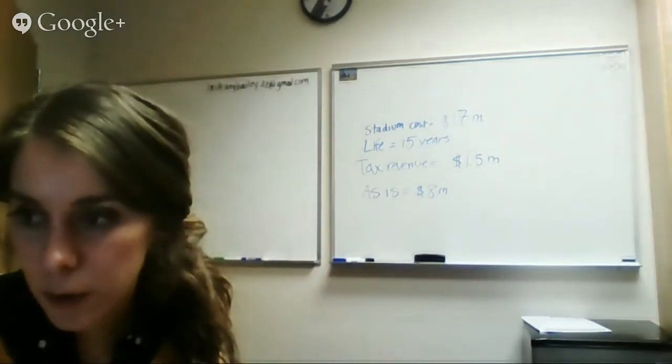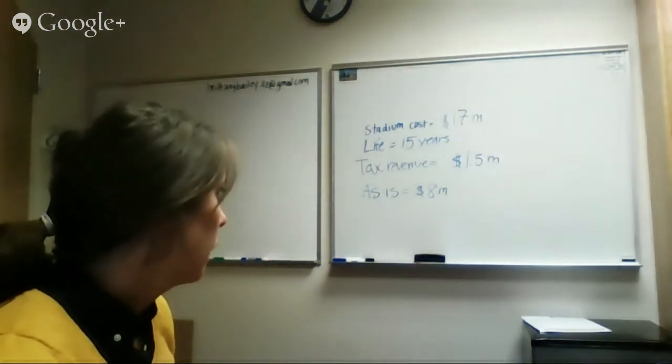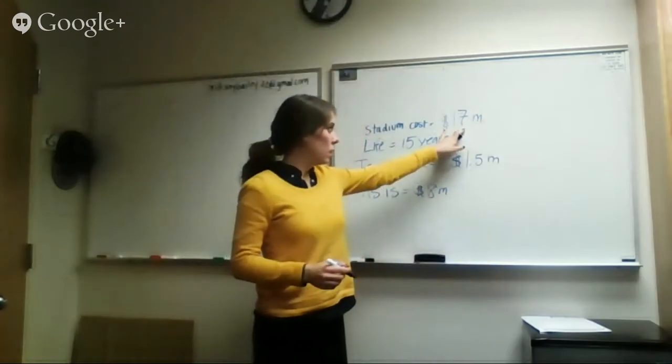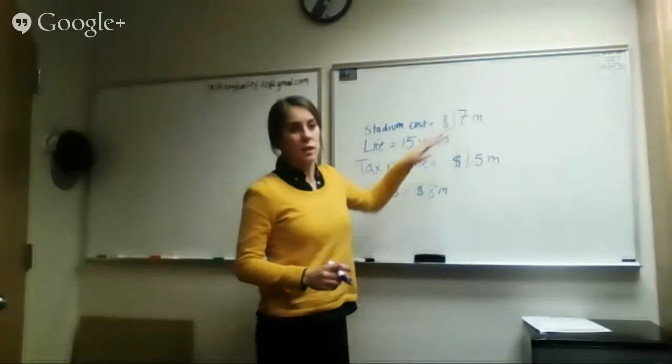So what is the accounting profit of building the arena? We just look at the accounting profit. We're going to do the revenue that the stadium brings in minus the cost of building the stadium.